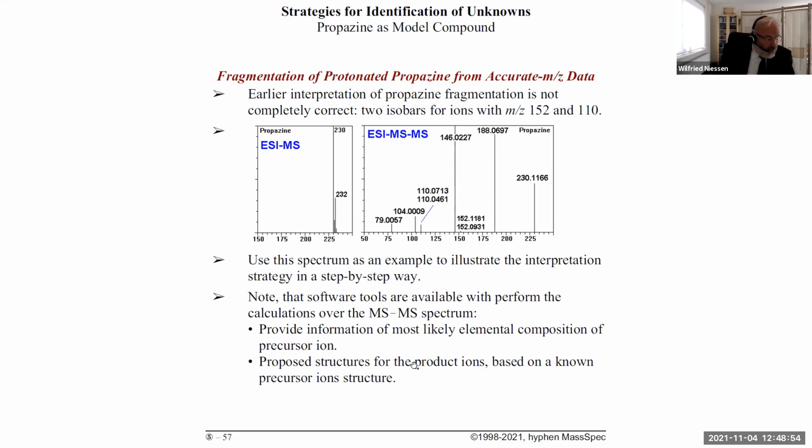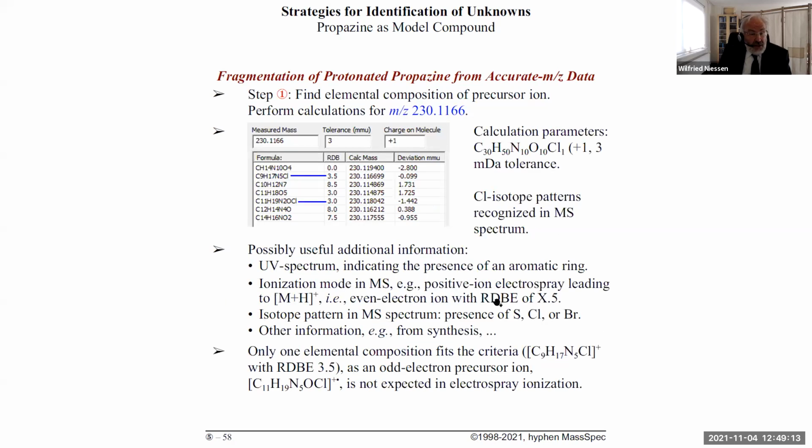And I will show what I was doing. So this is the spectrum, with accurate mass, and actually you can see there are 2 ions here which have 2 different elemental compositions. So these are isobars with different elemental compositions. So we have to look into that as such.